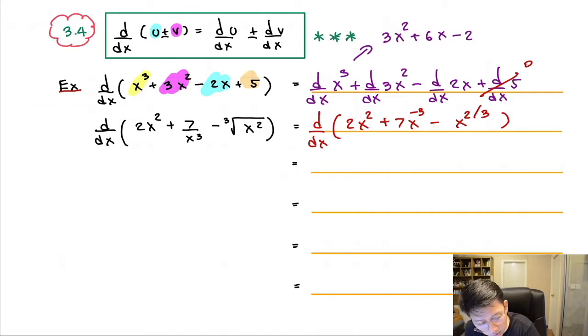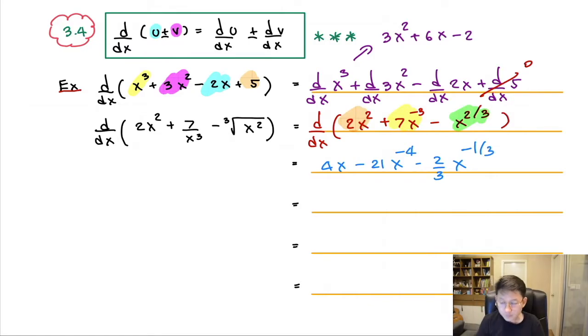You have 1, 2, 3 functions, right? The sum and the minus, you don't care, you just differentiate. Okay, for the sum and the subtraction, you can just differentiate throughout the equation. So what you have here is 4x minus 21x to the minus 4 minus 2/3 x to the minus 1/3.